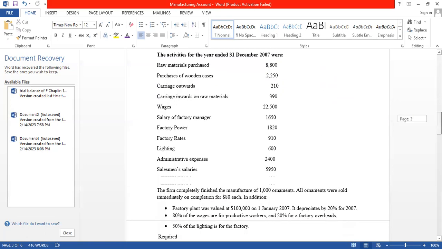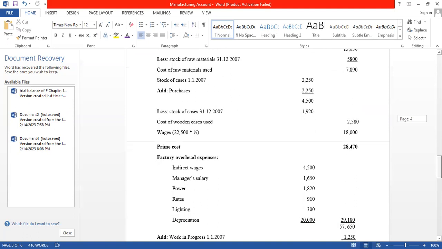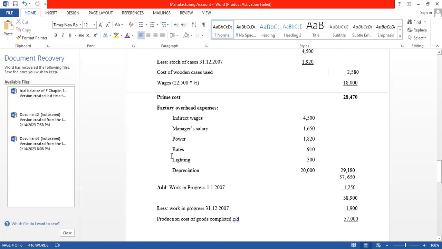So that's where we got all those figures from. And we're just going to find the total of all of this. Our new figure is $29,180 after doing the calculations for these.